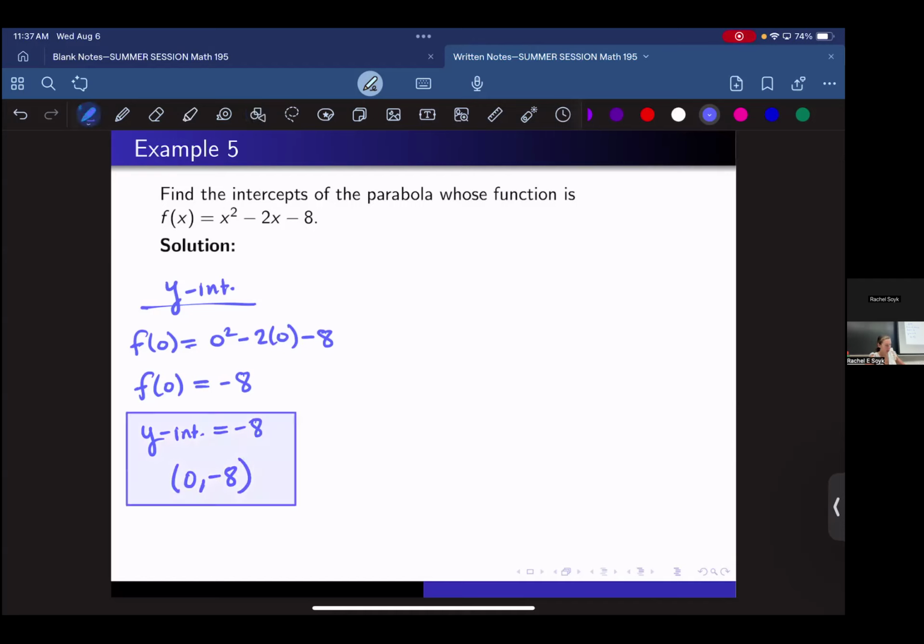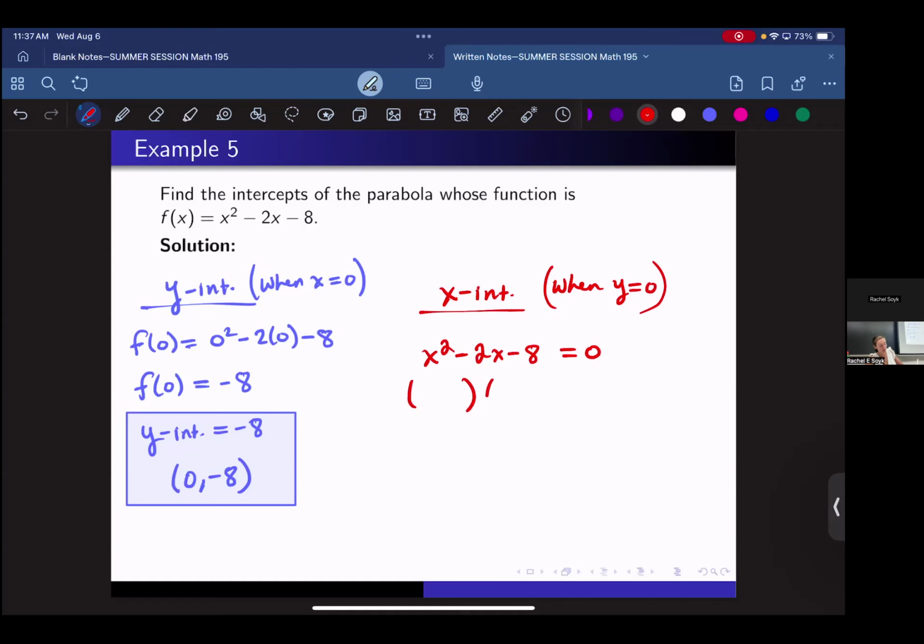Your x-intercept, again, involves just a few more steps. It's when y is equal to 0. And so you essentially have your function x squared minus 2x minus 8, set that equal to 0, and then we ask ourselves, can we factor that left-hand side? Lucky for us, we can.